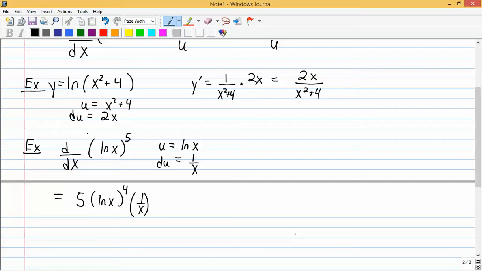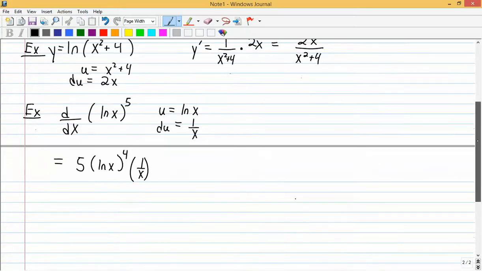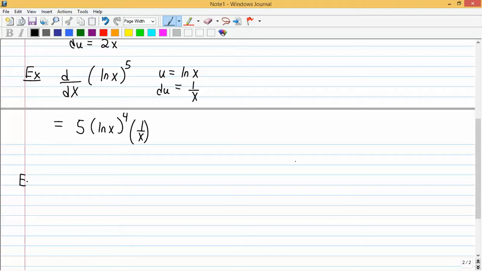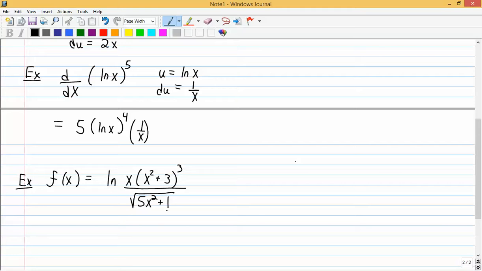Alright, now let's say that I had f of x equals the natural log of x times x squared plus 3 to the third power over the square root of 5x squared plus 1.